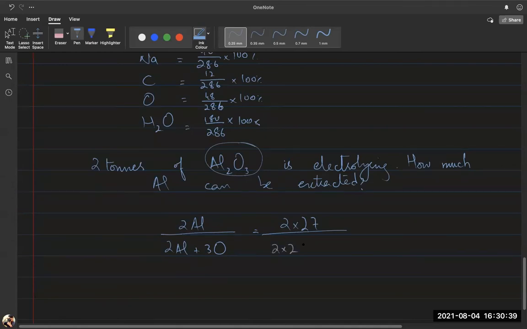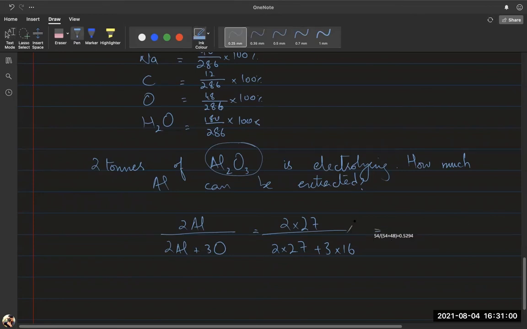So 2 times 27 plus 3 times 16. Now let's calculate. This becomes 54 divided by 54 plus 48. And that comes out to be 0.5294.